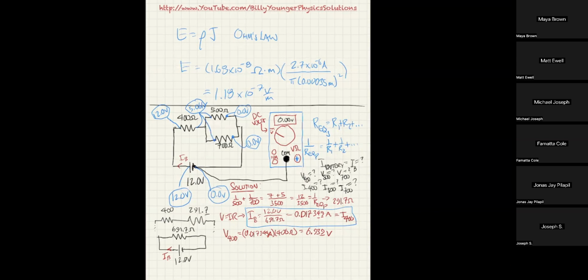So I think you can see now, since I've done that, we can now tell exactly how much voltage is across the 500 ohm resistor and how much voltage is across the 700 ohm resistor. So that allows us a quick way to figure out the current through the 500 ohm resistor and the current through the 700 ohm resistor. Not only that, we already know what the voltage across the 500 ohm resistor is.